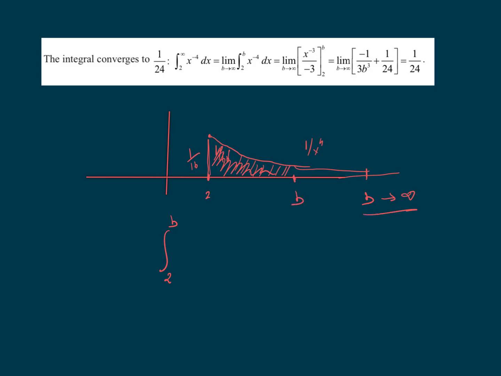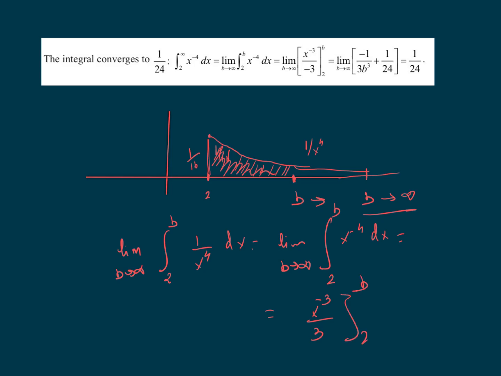We will take the limit when v goes to infinity of the integral of x to the minus 4 dx from 2 to v, and this is equal to x to the minus 3 divided by 3, evaluated between 2 and v.